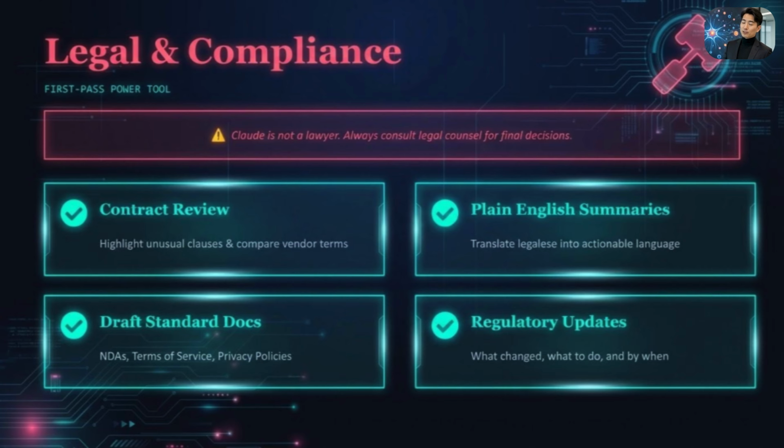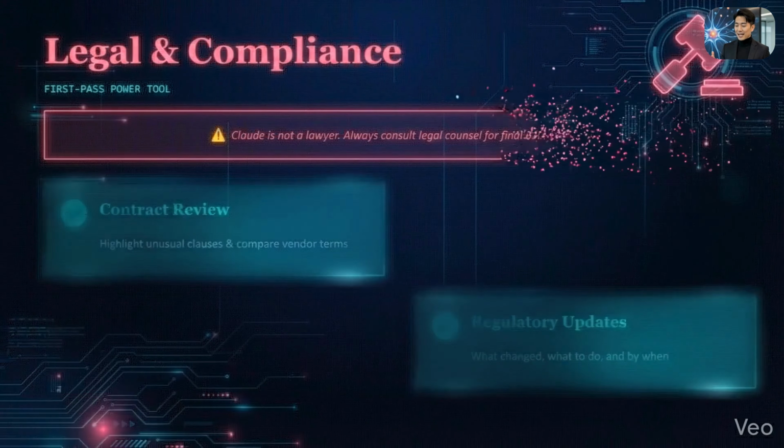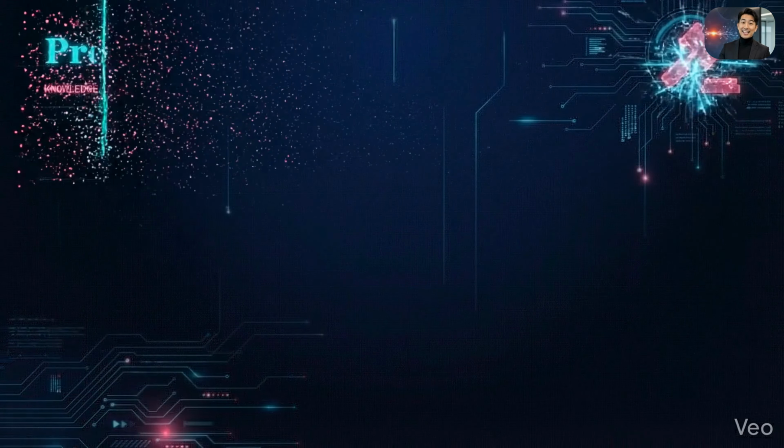For compliance teams, Claude can analyze regulatory updates and summarize what changed, what your business needs to do, and by when. This turns a weekly compliance review from a 4-hour task into a 30-minute scan.